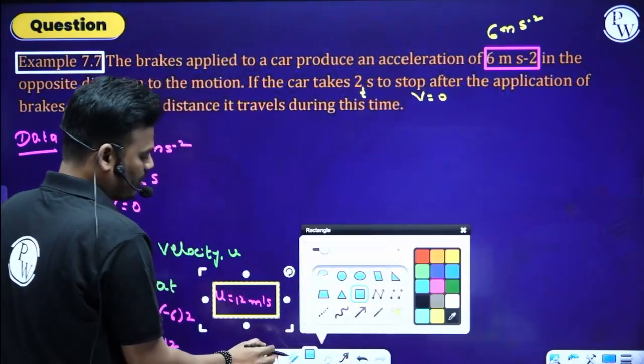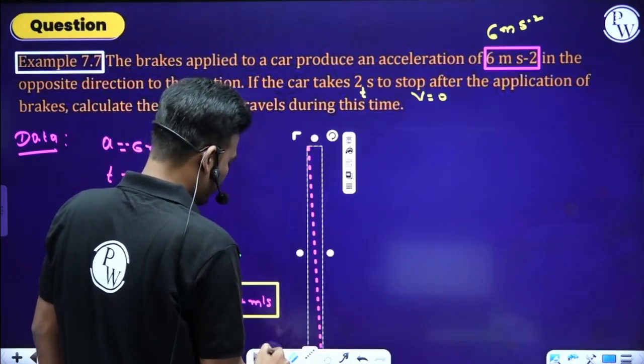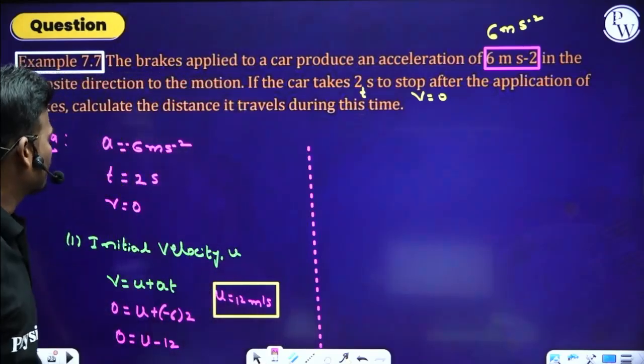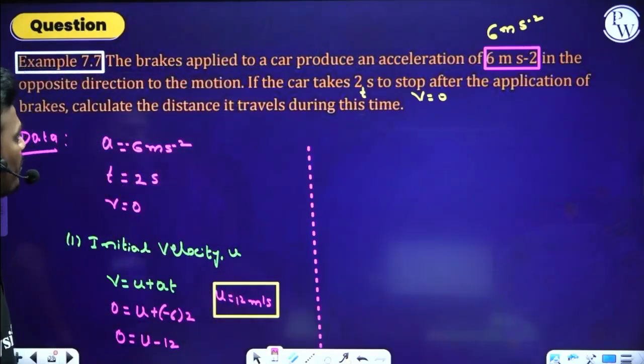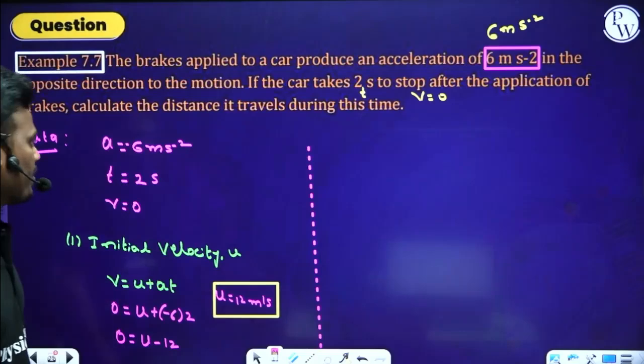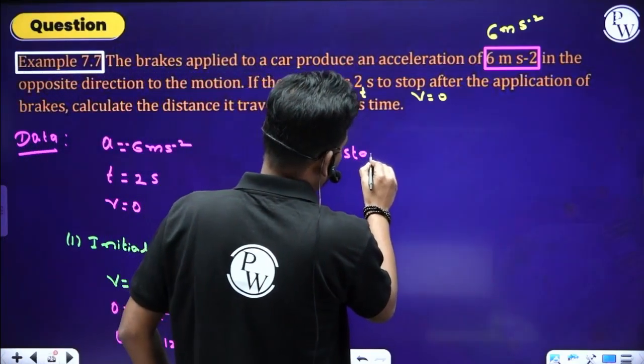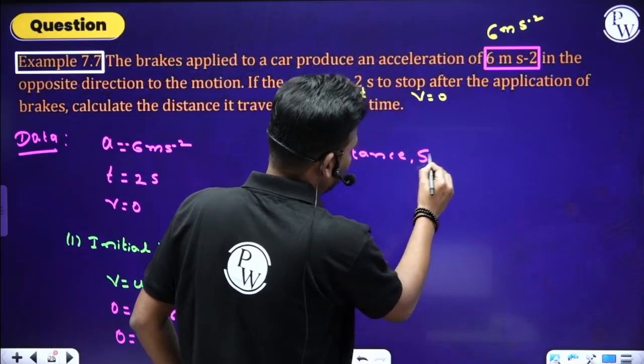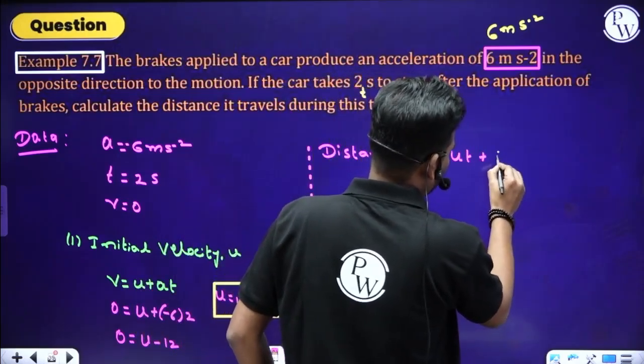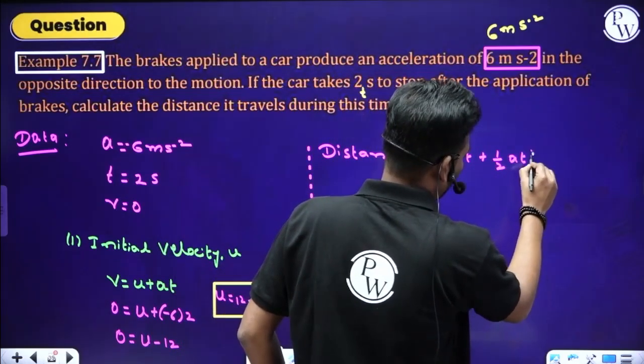Now next, what we need to find out is distance. We can use any one of the formulas. S is equal to ut plus half at square.